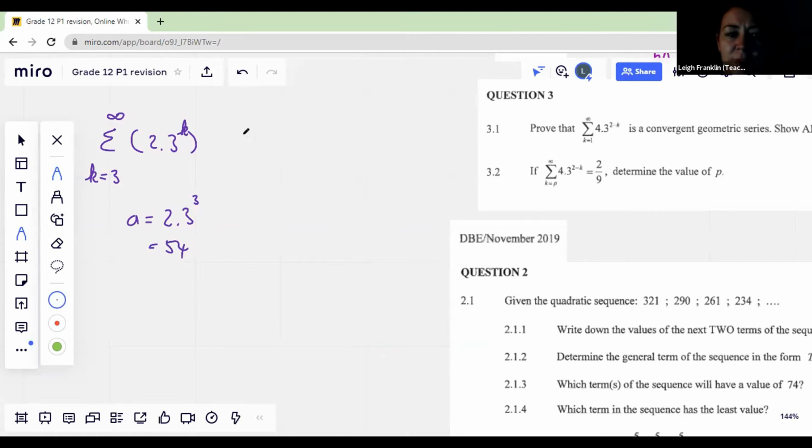But we don't have that. We have sum to infinity. So in this case, they tell us that K is equal to P. So just like this 3 was the first thing that I subbed in over here, the first thing that I need to do is sub in P. So my rule is 4 times 3 to the 2 minus K. So what I'm going to do, Matrix, is replace this K over here with P. So that means A, the first term in the pattern, is going to be 4 times 3 to the 2 minus P. That's going to be the first term.